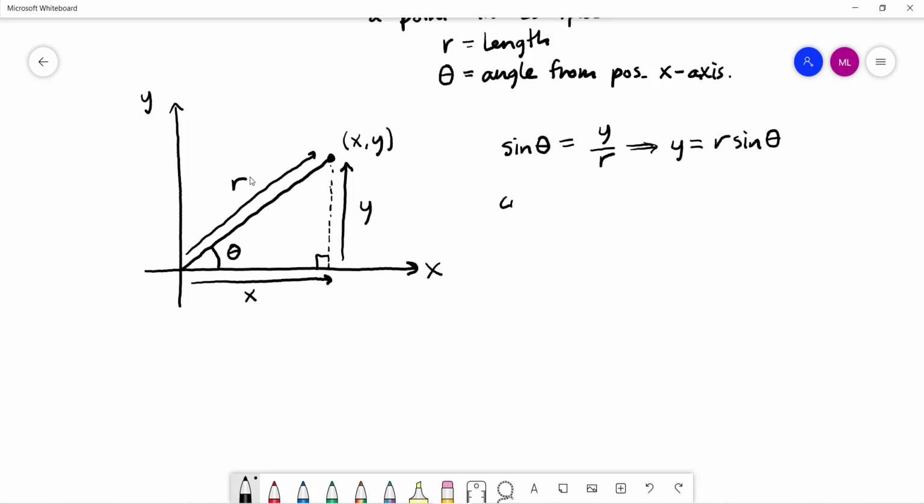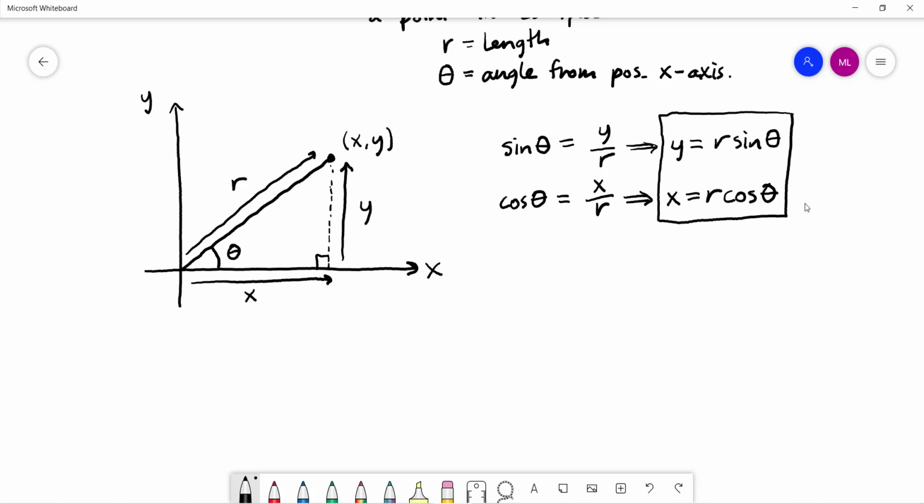And if we do the same thing with cosine of theta, which is the adjacent over the hypotenuse, I will get x over r. So again, this is from SOHCAHTOA. And I can solve that for x to get that x is equal to r cosine of theta. And so I essentially have a way of prescribing my point's x and y coordinates in terms of the polar coordinates r and theta. So these are going to be really, really useful identities that allow us to determine an x and y coordinate given r and theta.